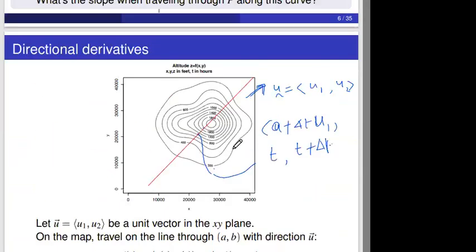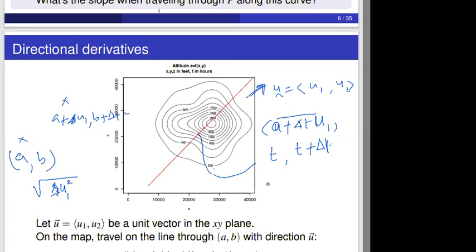If you want to find the distance between these two, you can find the magnitude: u1 squared delta t squared plus u2 squared delta t squared, and delta t squared is common.